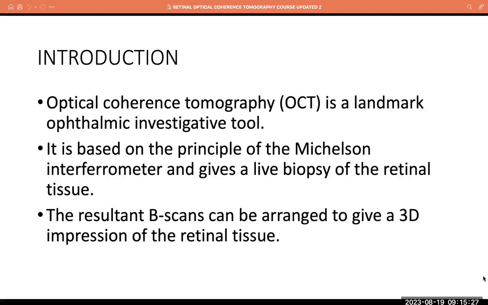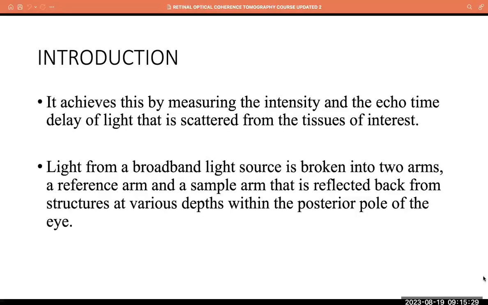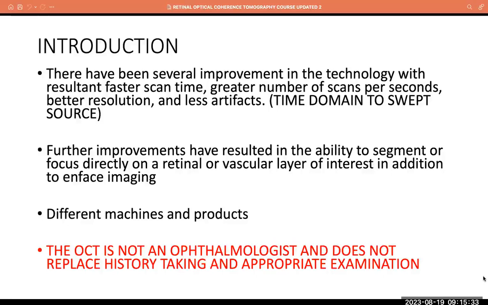Now, the OCT has undergone several improvements, from the time domain to the swept source. All these are targeted at getting higher resolution of the scan, faster scanning per second, and fewer artifacts.